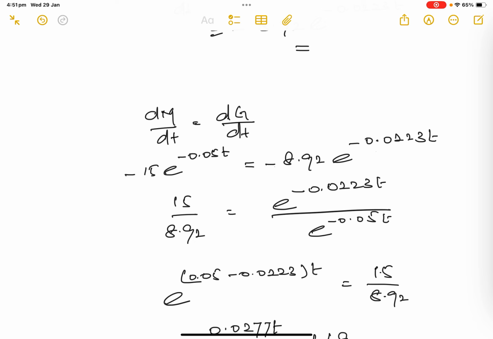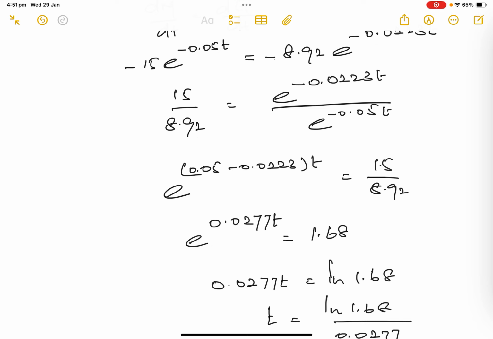What we have been given is that the decaying rate of change of the first substance equals that of the second substance. So we can equate the differentiation of the first equation and the second equation. So minus 15 e to the power of minus 0.05t equals, on the right-hand side, minus 8.92 e to the power of minus 0.0223t.